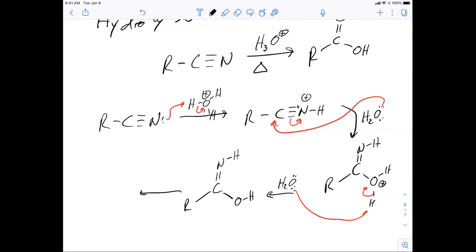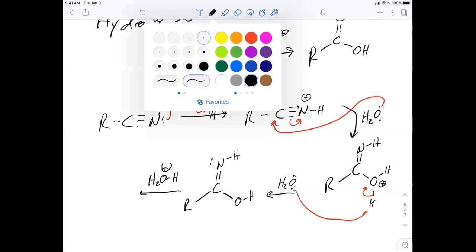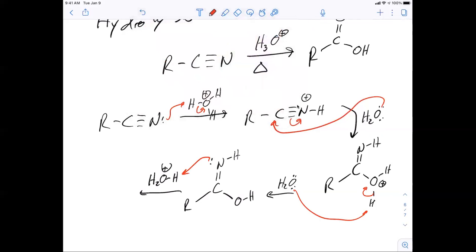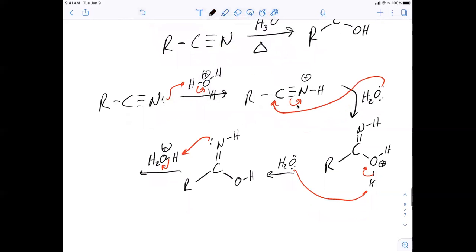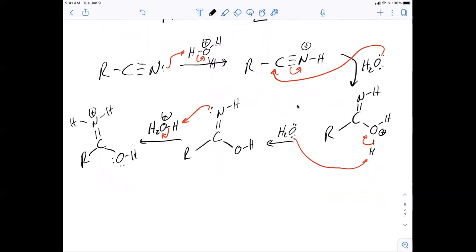And then we're going to get another proton transfer, this time to the nitrogen. Then we have the protonated nitrogen.